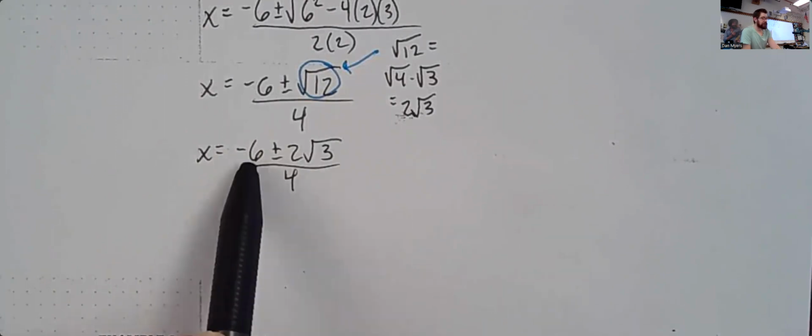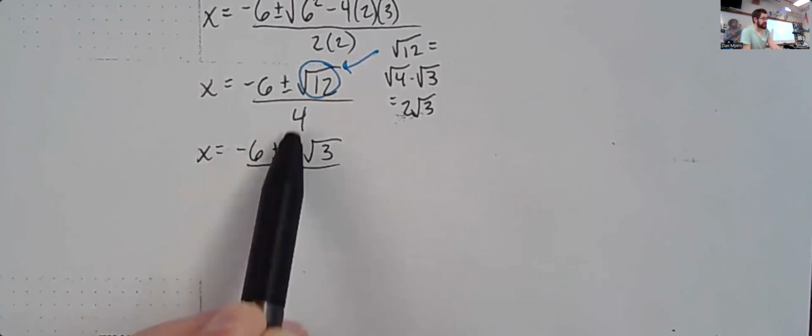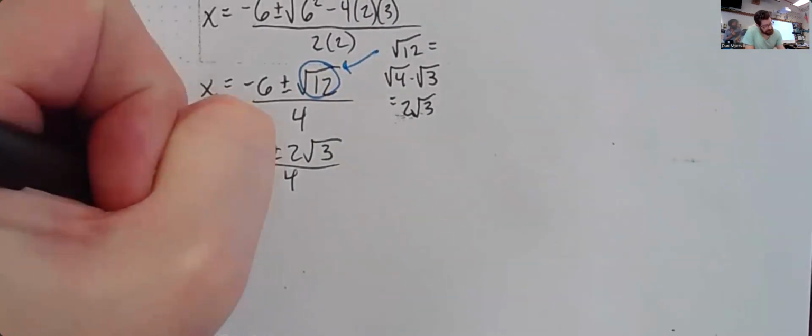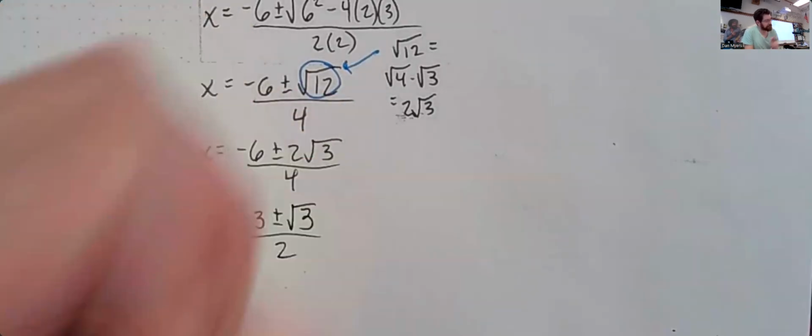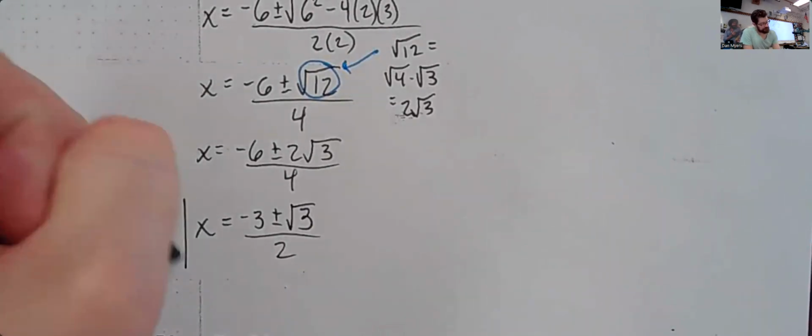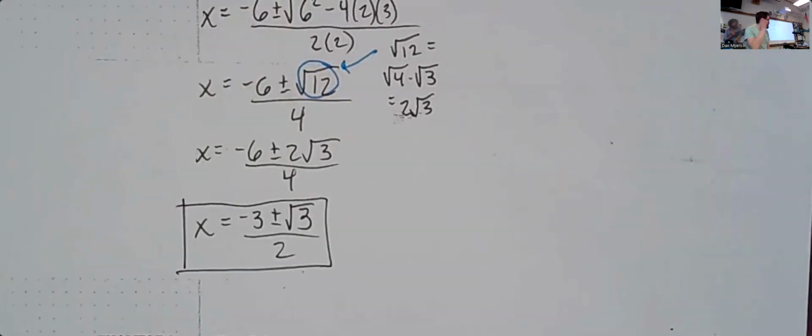So all three of these values can be reduced by a factor of 2 to get our final answer. So the answer is x equals negative 3 plus or minus the square root of 3 over 2. That is our answer for the first example.